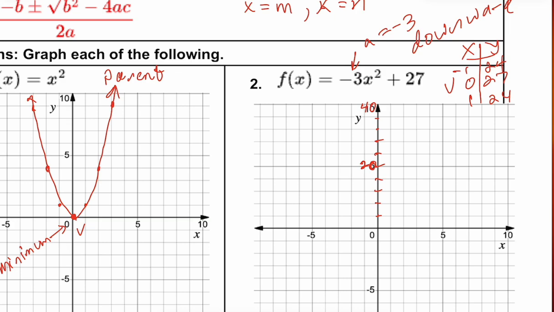Okay, so let's put our 0, 27 on there. At 0, we're at 27. It's just below the 28 mark, so about right there. At -1, we hit 24, which is this mark. At +1, we hit 24. That symmetry should always happen. Okay.